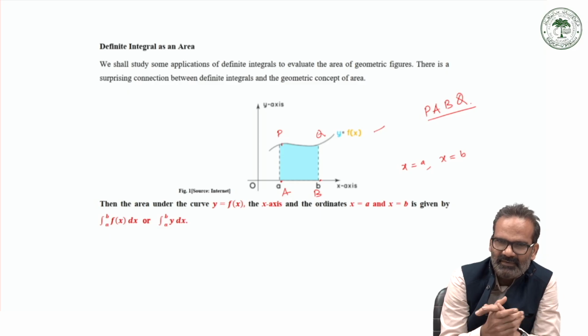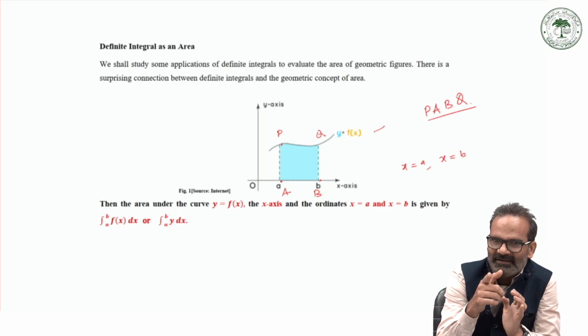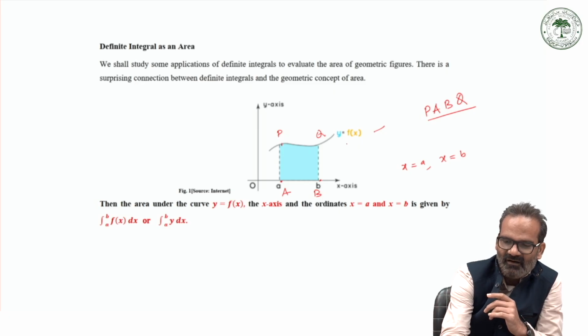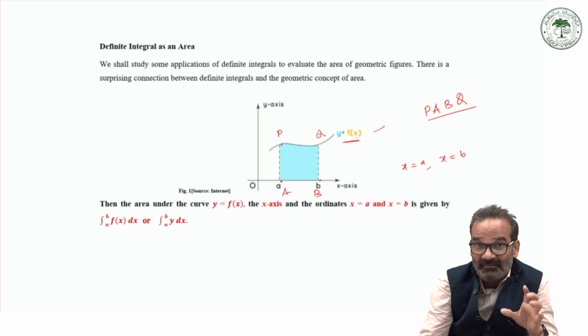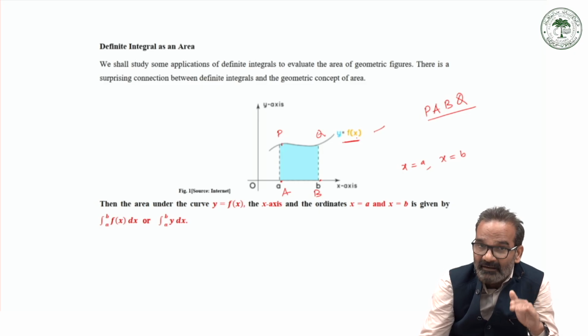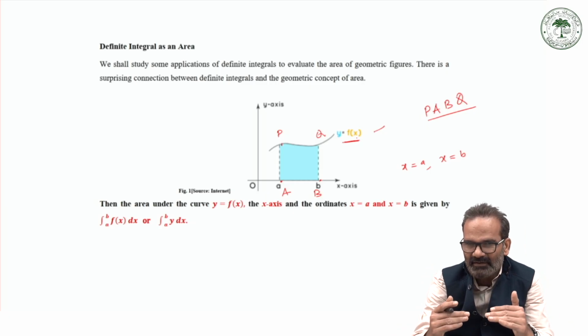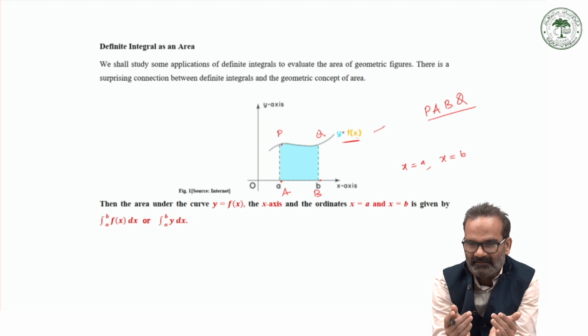You can start from any point. The area of this figure is enclosed by a curve, that is y equals f(x), meaning one of the sides of this figure is a curve. This is the meaning of area under the curve, because the figure lies under the curve.